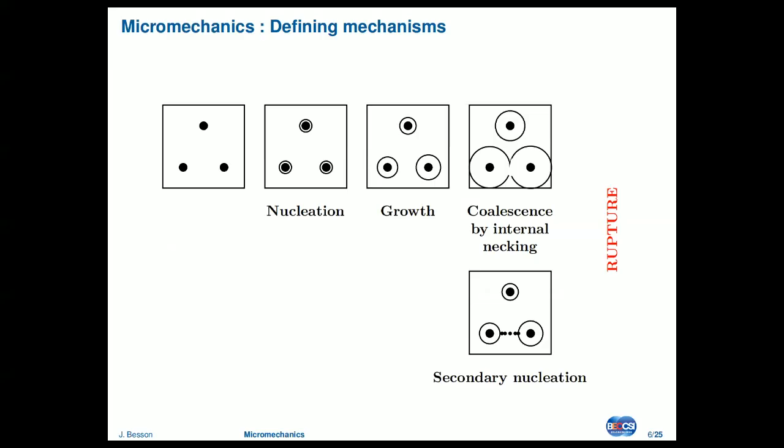We all know that, and this will coalesce by internal necking and lead to rupture. Nothing very new here. What can happen is that because of the strengthening particles, there may be a secondary damage mechanism where you have extra damage nucleating at these very fine carbides. But to reach that damage mechanism, you need to strain the material a lot.